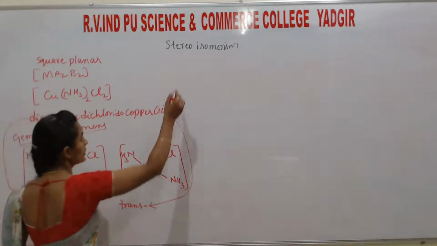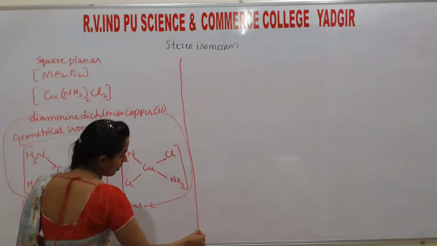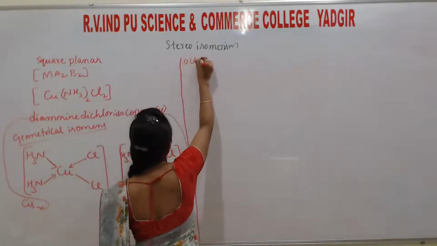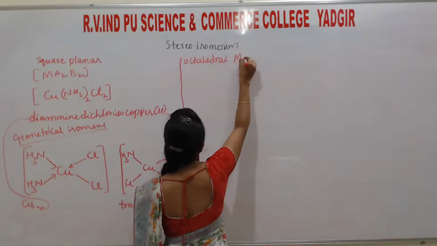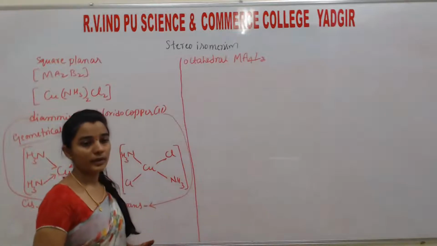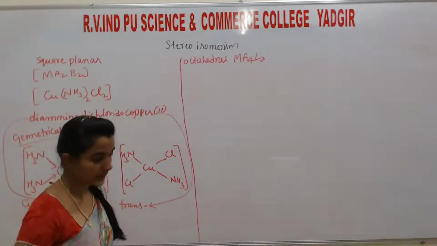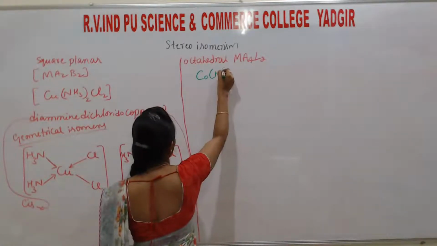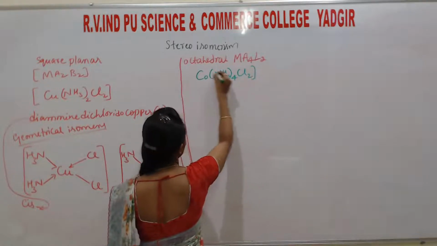Understand? So another example I'll give, that is for octahedral. Okay, so in this octahedral formula MA4B2, the formula of the complex is Co(NH3)4Cl2.